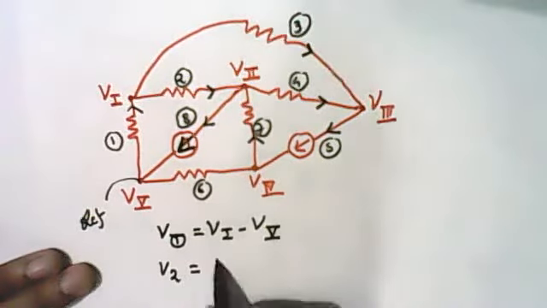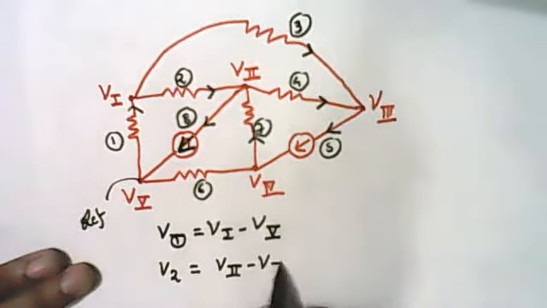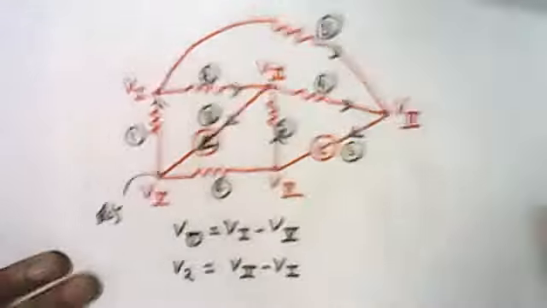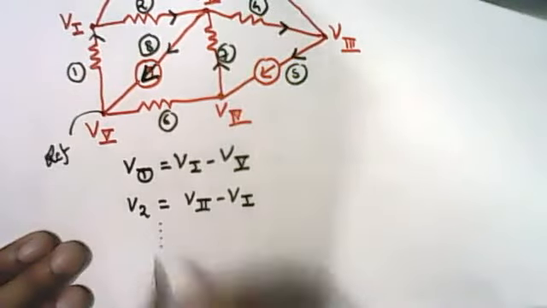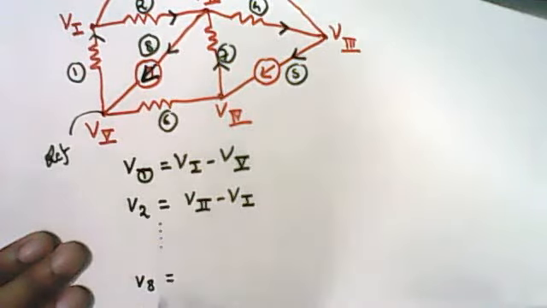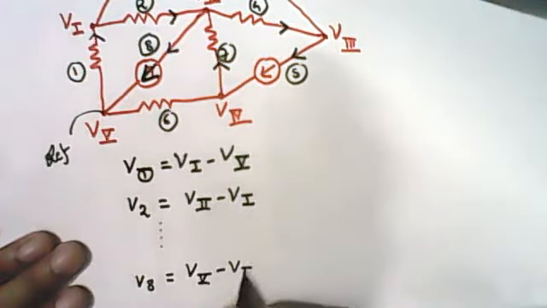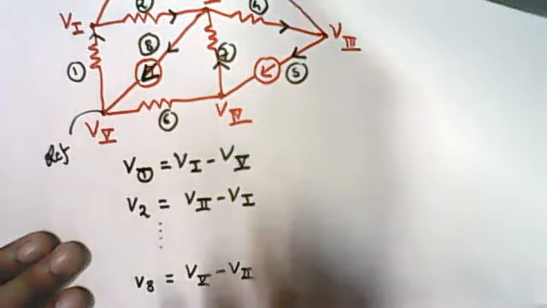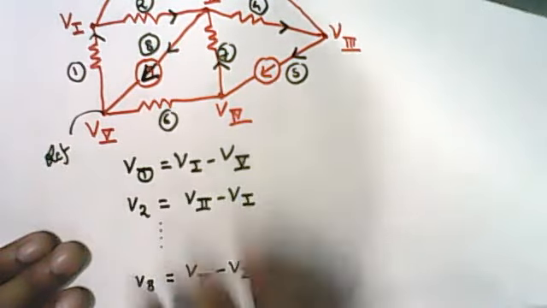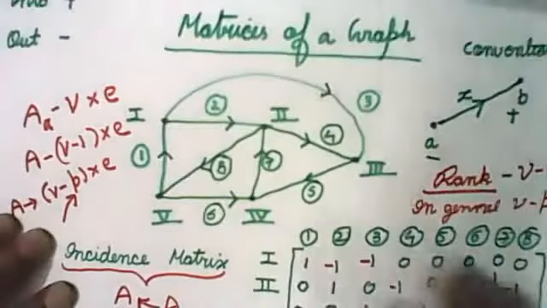V2 equals V second minus V1. Like this we would write it, and all components, like V8 will be equal to V fifth minus V second. Like this you will write it, and you would get to know that this will indeed be equal to this type of a matrix.